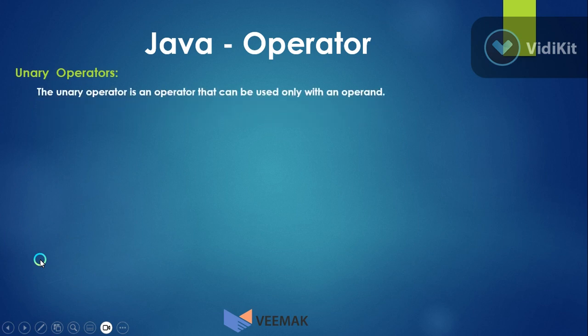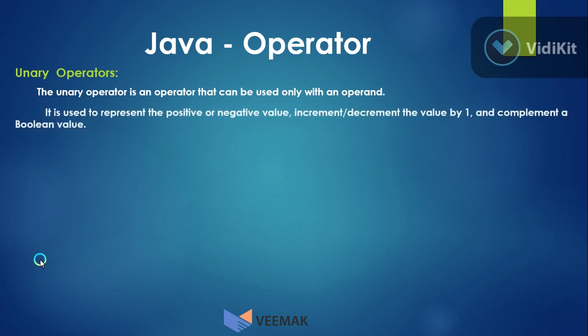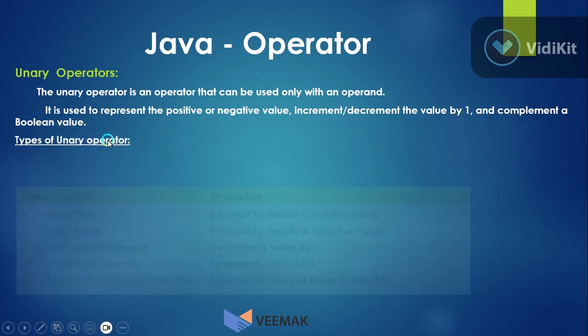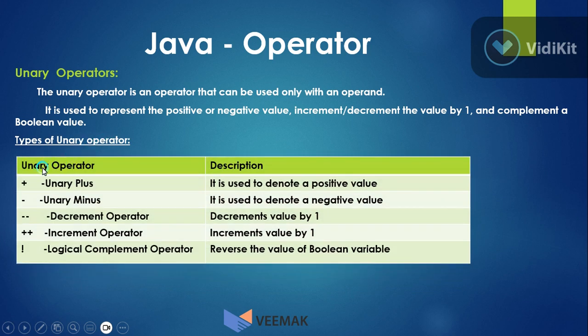What is unary operator? The unary operator is an operator that can be used only with one operand. It is used to represent positive or negative value, increment or decrement the value by 1, and complement a Boolean value. Types of unary operator.